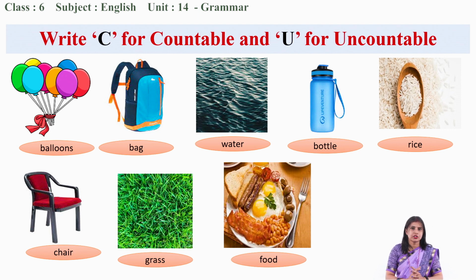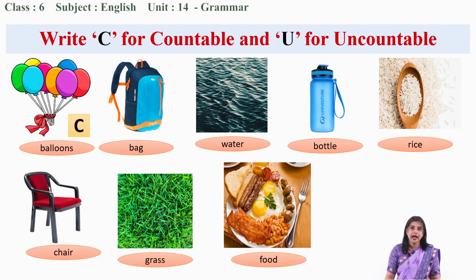Let me see who finishes first. Okay, so have you done that? Very good. So tell me, balloons, is it countable or uncountable? Good. It is countable. We can count balloons, isn't it? 1, 2, 3, 4, 5, 6, 7, 8. 8 balloons are there, isn't it?